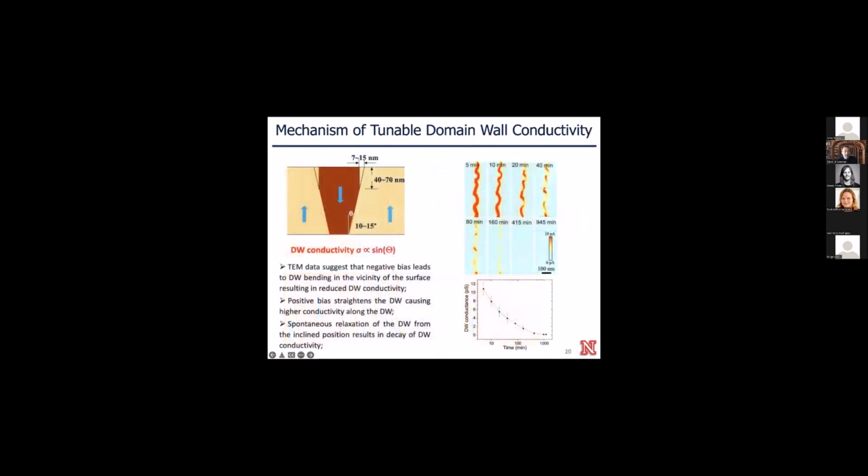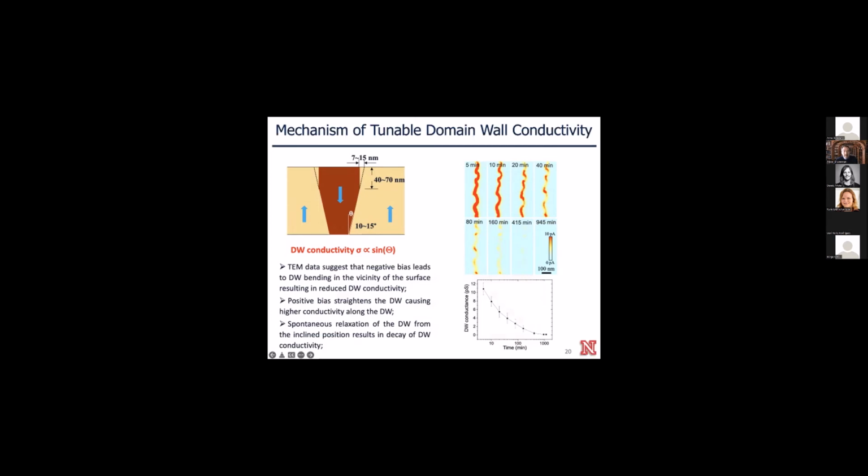This result is consistent with the fact that domain wall conductance decays with time, as is illustrated by the conducting AFM images taken as a function of time. You can see that within several hours the conductivity of domain walls, after we set them in the conducting state, would completely decay.